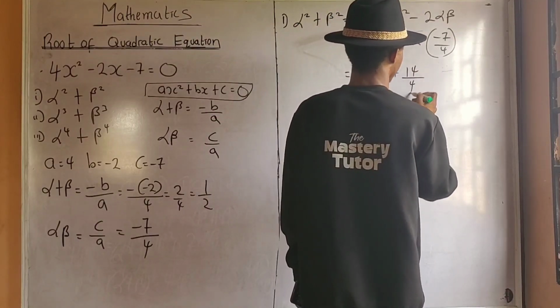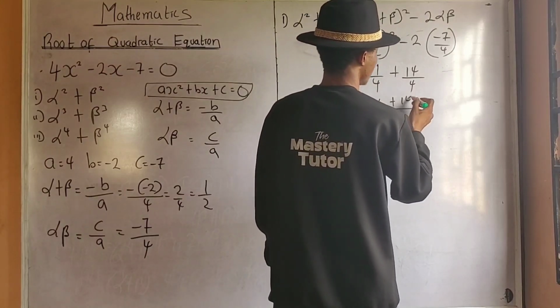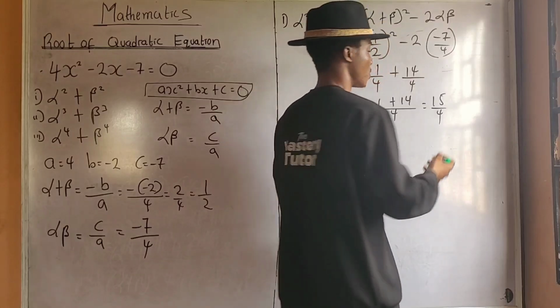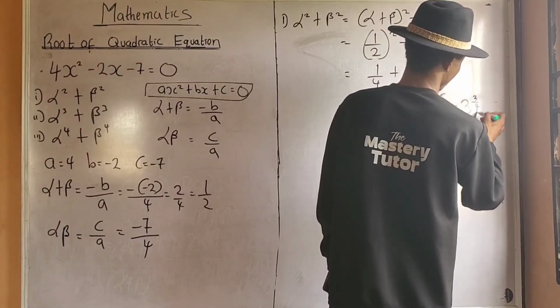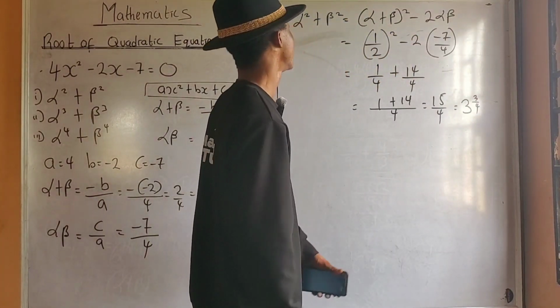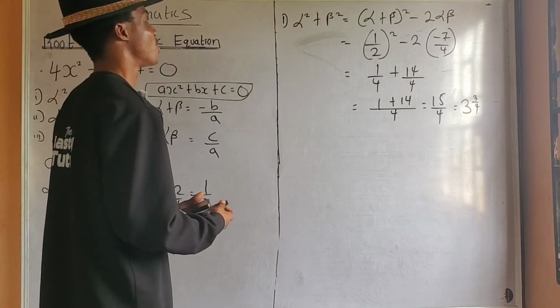Positive 14 all over 4, right? Okay, the LCM is 4. I'm going to have 1 plus 14, which will be equal to 15 all over 4. 15 divided by 4 is 3 and 3 over 4. 4 times 3 is 12, 12 plus 3 is 15. That is 15 over 4. Okay, so that is the solution to the first question, alpha squared plus beta squared.